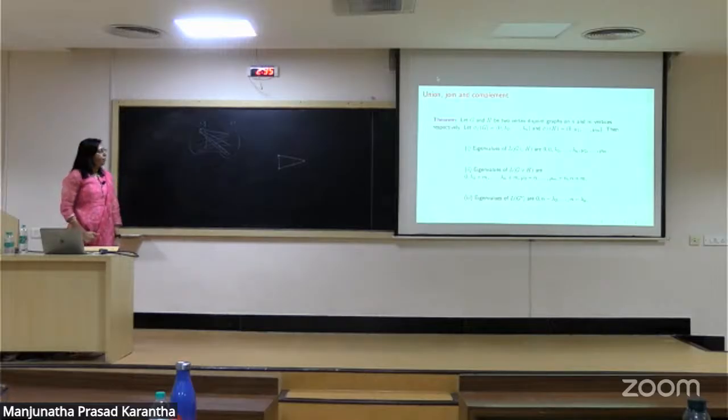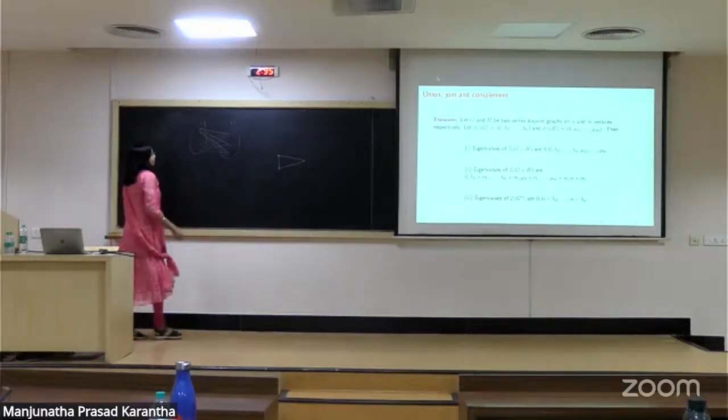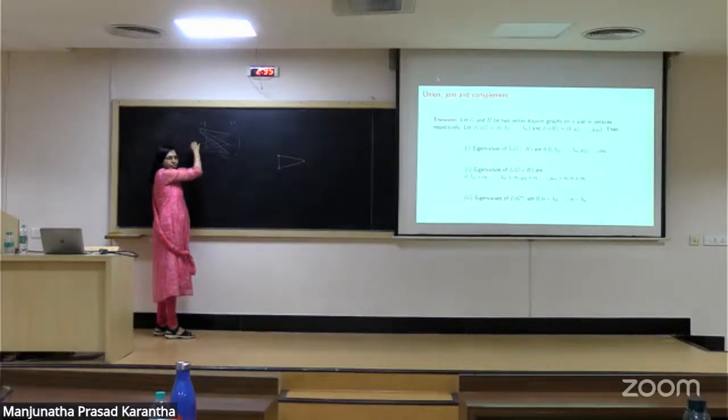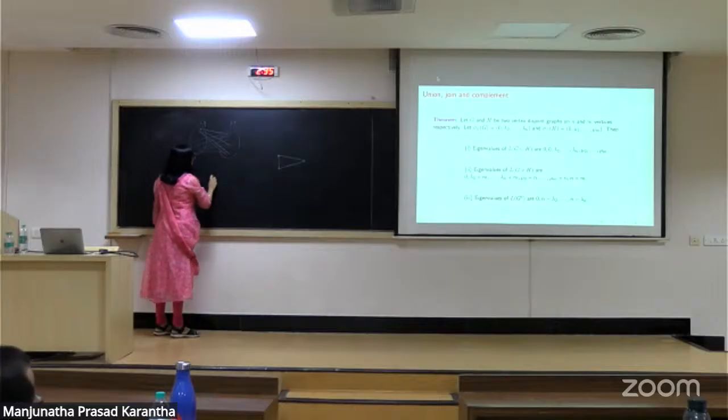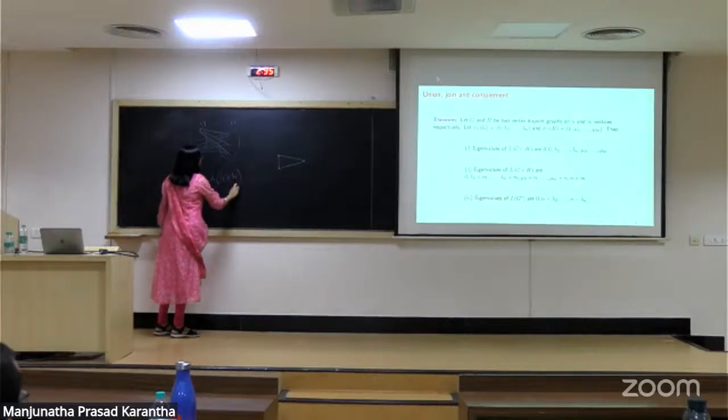Okay. If I do the join, then what will be the adjacency matrix of the join? Here I am not making any change, right? All the adjacencies of G are there, here also all the adjacencies of H. Only new adjacencies are added.